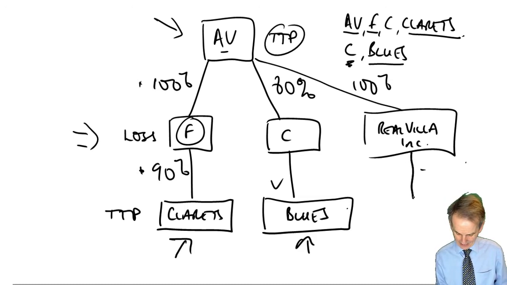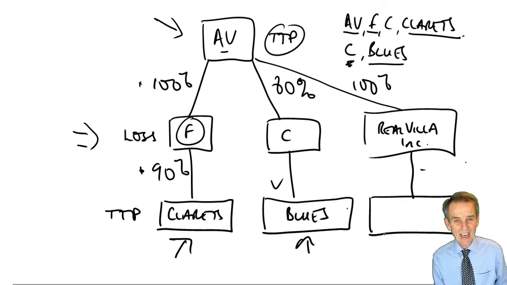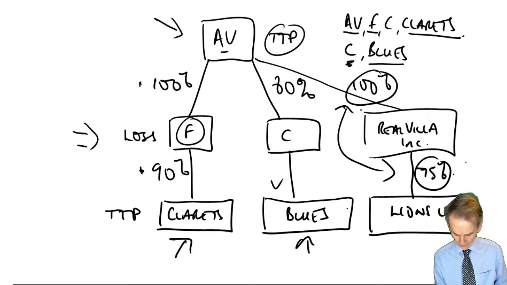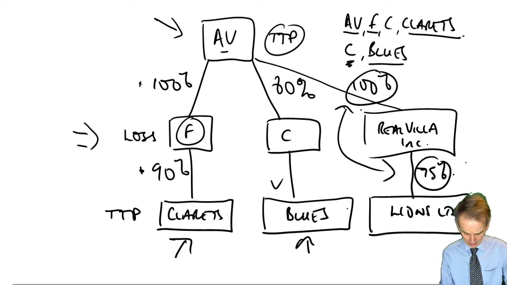But if we then had Real Villa Inc. owning a UK resident company, let's call it Lions Limited here. Now, because that is 100%, this has to be at least 75%. I say that because 100% of 75% will make it effective 75%.